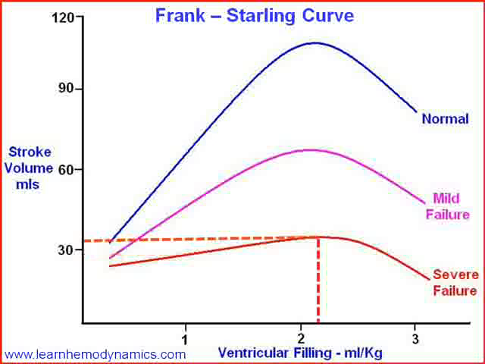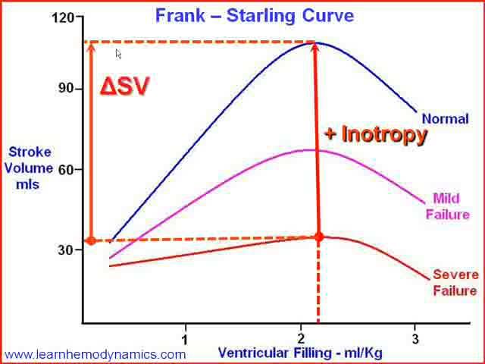What we need to do is take this patient and move them to a different curve. They need to switch tracks. We will never achieve a useful stroke volume in this patient, however optimal their preload. We need to change their inotropy. But if we do that, now let's look at what happens to stroke volume. So in terms of bang for our buck, we get far more in terms of stroke volume from increasing inotropy in this situation than we could ever achieve by using fluid.